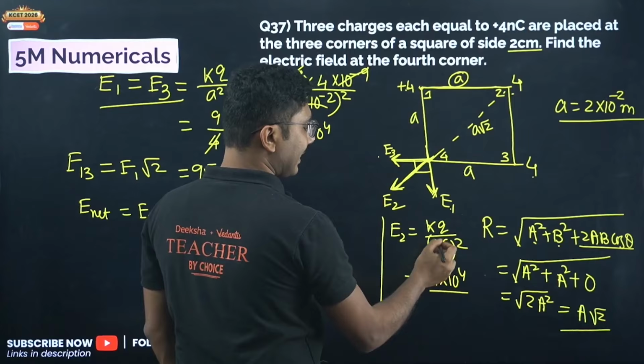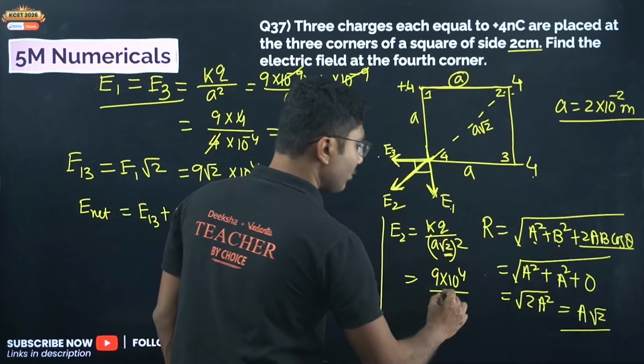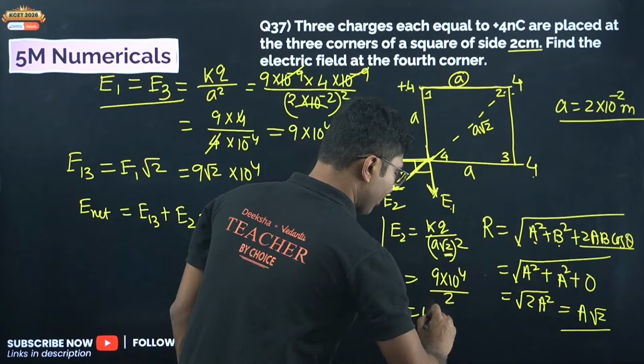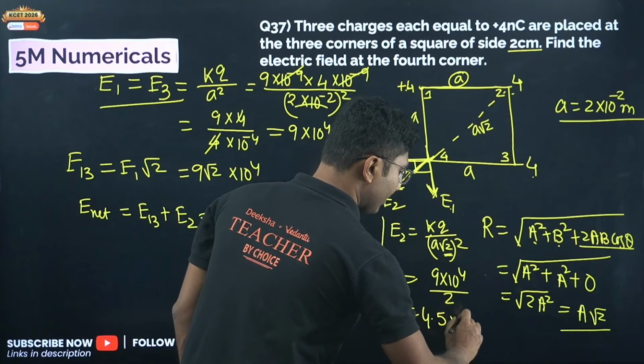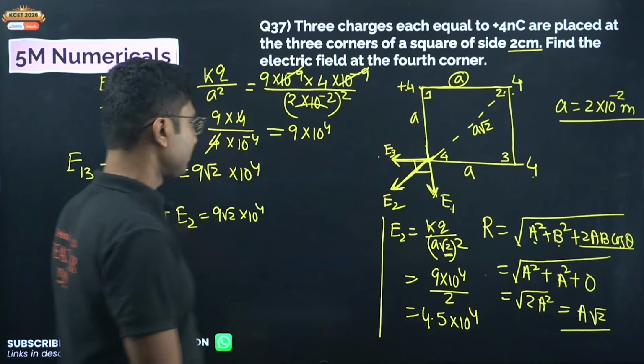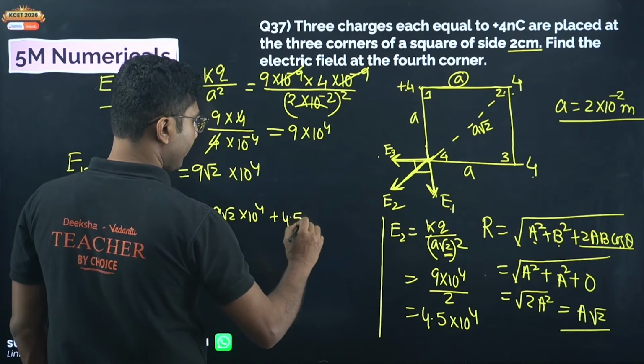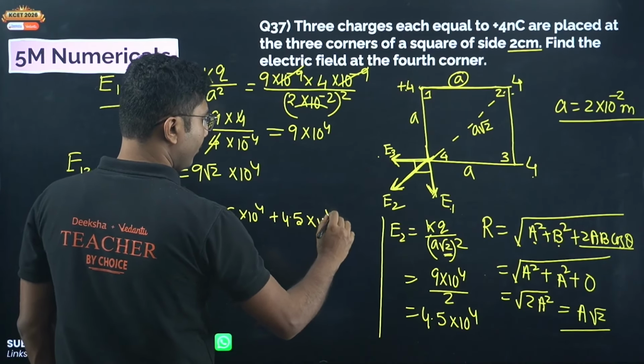But there is an extra root 2 square in division. Root 2 square means obviously 2. So that is 4.5 into 10 to the power of 4. So just put that value, plus 4.5 into 10 to the power of 4.